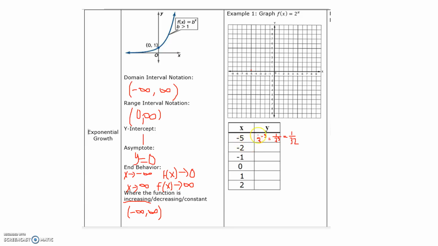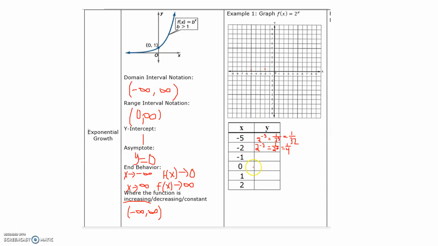Okay. Then if I plug negative 2 in for my x value, that's 2 to the negative 2 power. And remember, exponents don't like to be negative, so we're going to take the reciprocal. So 1 over 2 squared is 1/4, and that's 0.25. So at negative 2, we're getting a little bit higher, but not quite.